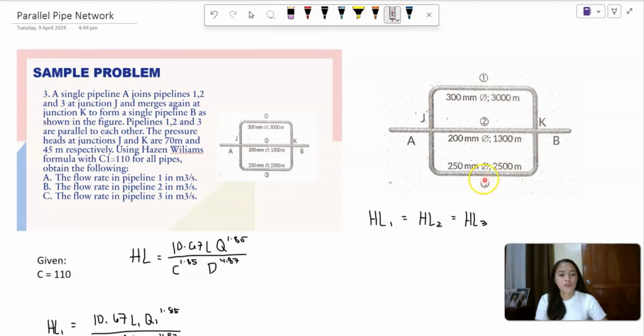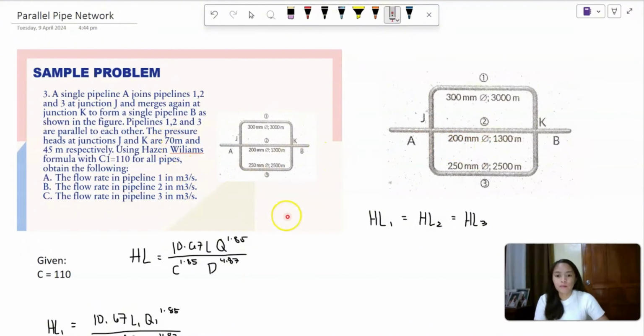So from the general rule of parallel pipes, the head loss in pipeline 1, pipeline 2, and pipeline 3 is just equal. So neglecting minor losses, the frictional loss in these pipes is equal. And neglecting the effect of kinetic energy changes, the head loss between points J and K is equal to the difference in pressure heads.